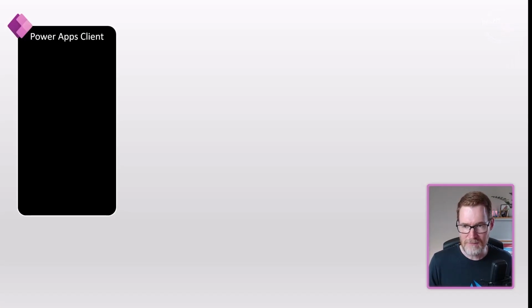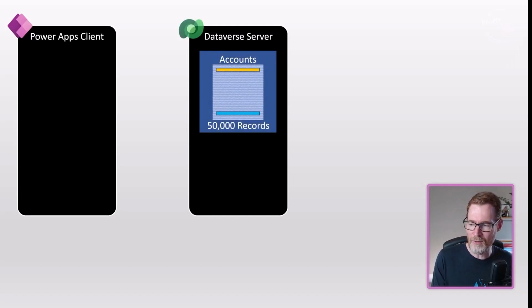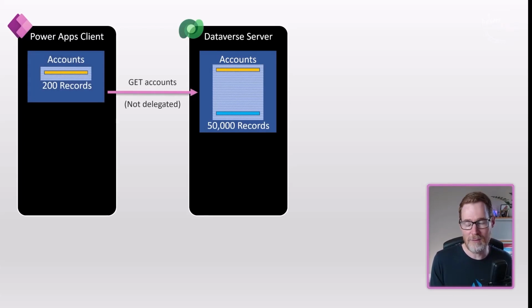So if you imagine we've got our client here, and we've got our server, and then we've got a Dataverse set of accounts, which is like 50,000 records. What will happen is if I do a query that is non-delegatable, there is something called the delegation limit. And that delegation limit will basically mean that when it downloads the records into memory, it will only get up to that delegation limit.